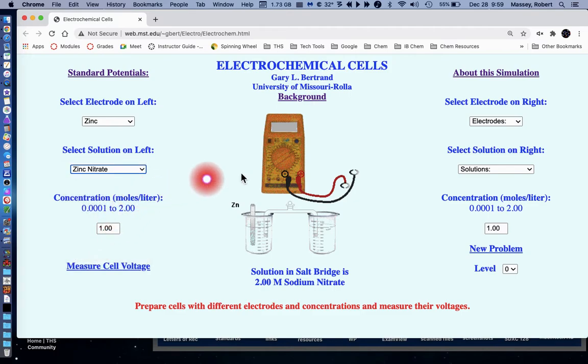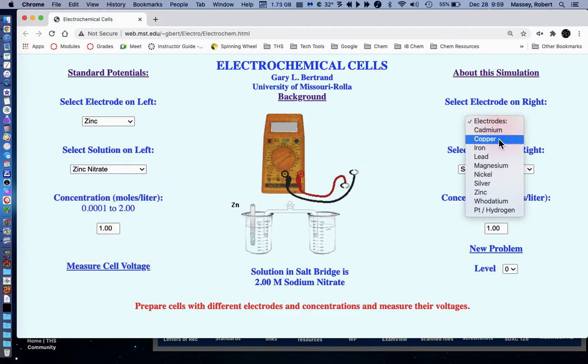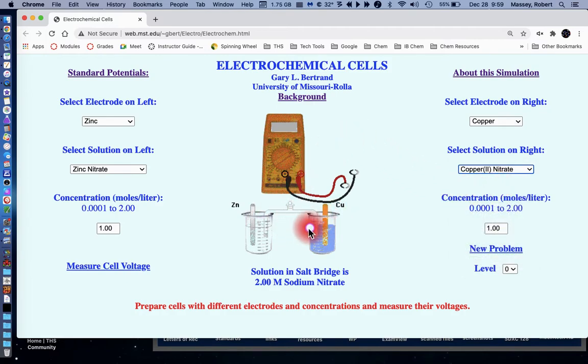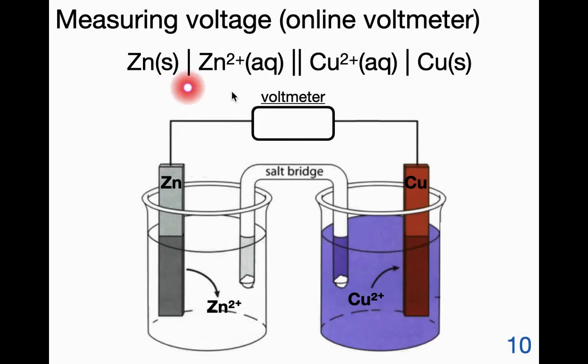So zinc. And then copper here in a solution of copper nitrate. Now to measure it, all you need to do is click on Measure Cell Voltage, and you get 1.100 volts.